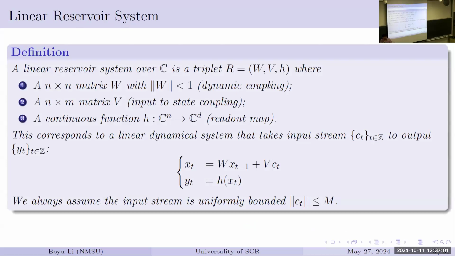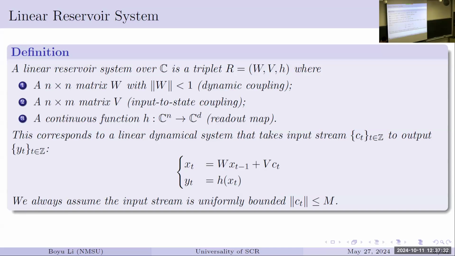So a linear reservoir system is basically determined by these three things: the matrix W, the input matrix B, and a function that you're going to train. Your input will be coupled by this matrix B. You convert your input into a state dimension, and you use your previous state and decay it by this matrix W. Because you're decaying things, you don't want to make it bigger.